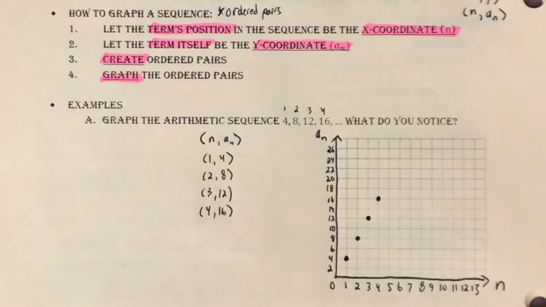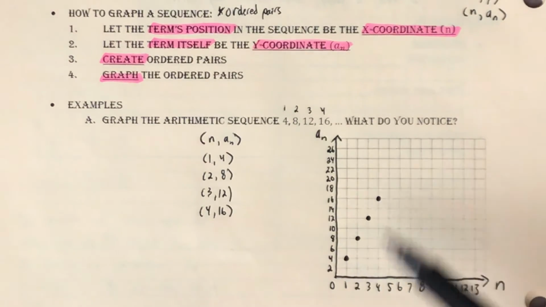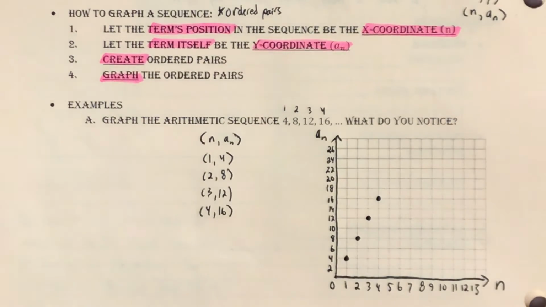All right. Now the last thing they've asked us is, what do you notice about these points? Well, you probably noticed that they were adding 4 every time in the arithmetic sequence. I also know that these points are going in a very straight line, and as we talked about back in chapter 3, that is known as linear.